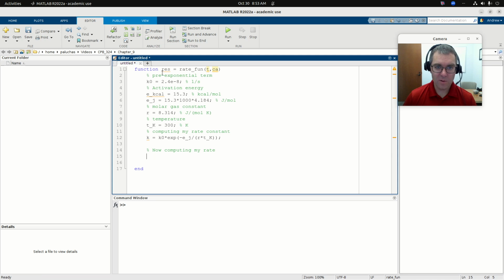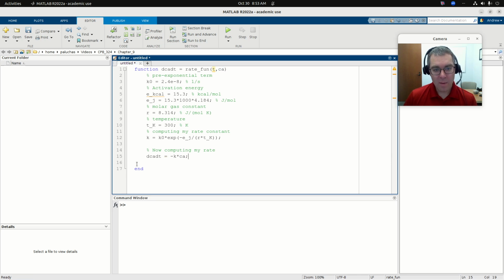If it makes more sense to you, you could also say this is dCA dt, right? You could call your variable something like this. Normally I would use res, but you could also do something like dCA dt, if that makes more sense to you and looks like your differential equation. So my rate expression is dCA dt is equal to negative K times CA.